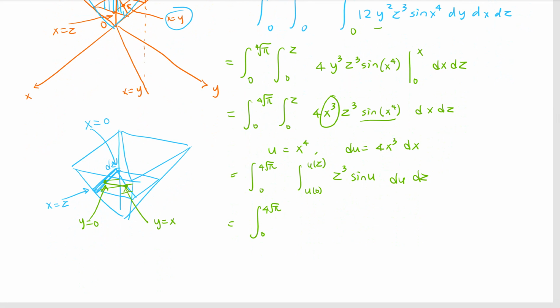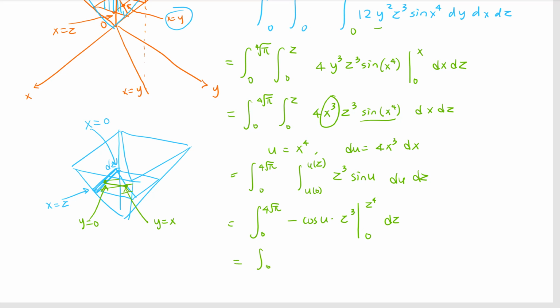The derivative of cosine is minus sine, so the integral of sine is minus cosine u, and then times z cubed. What's u of 0? Well, 0 to the 4th is 0. The u of z is z to the 4th. So far so good, everybody?